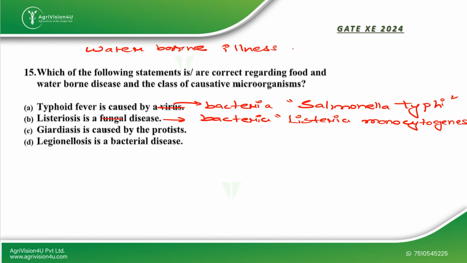Next, giardiasis is caused by protists. So yes, it is caused by protists. And what is the name of the protist? That is Giardia lamblia. So this statement is correct.